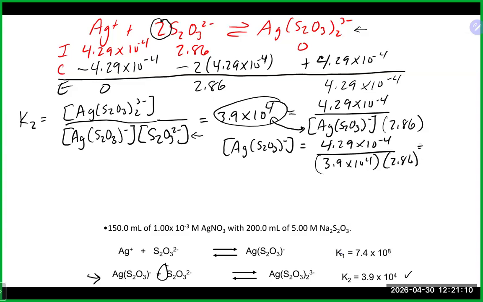2.86. And that's going to get us here. Minus 4 divided by 3.9 exponent, but then there we go. And divided by 2.86.